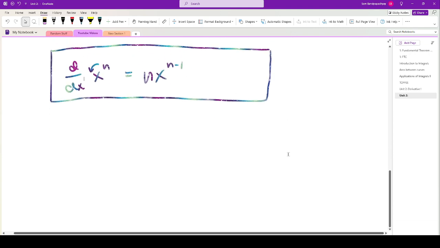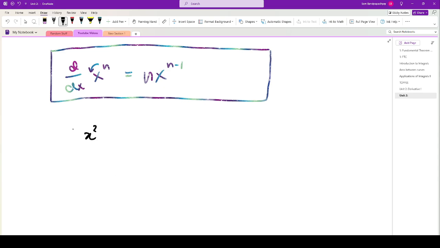Let's apply this. Say you have x squared. The derivative of x squared, if we apply this, our n is 2. So we drop down the 2, we get 2 times x to the n minus 1, which is going to be 2x to the 1.